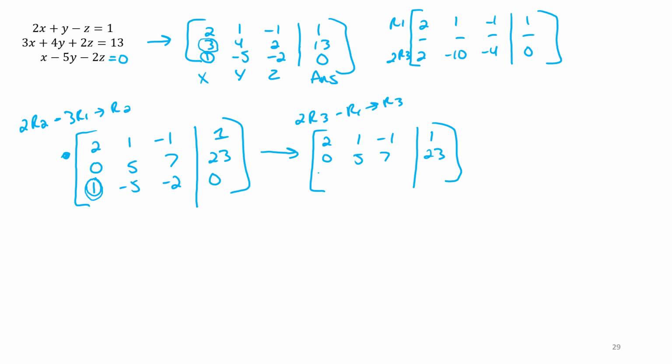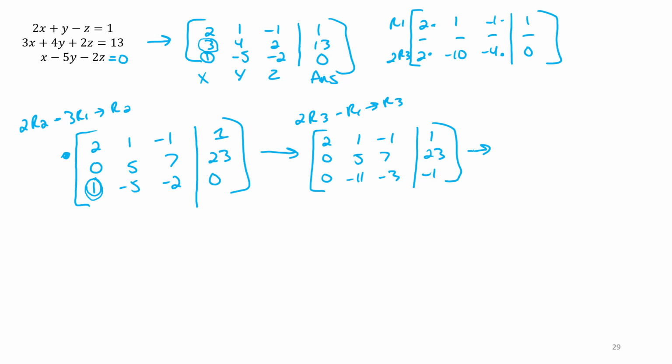So 2 minus 2 is 0, excuse me. Negative 10 minus 1 is negative 11. Negative 4 minus negative 1 is negative 3. 0 minus 1 is negative 1.